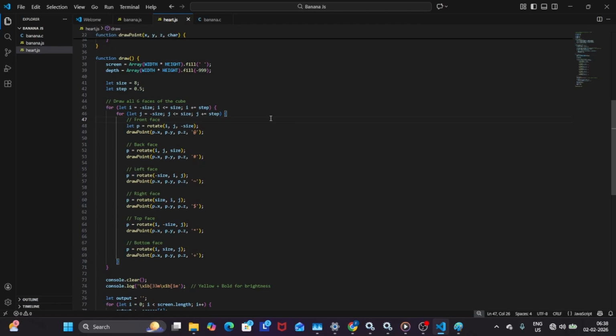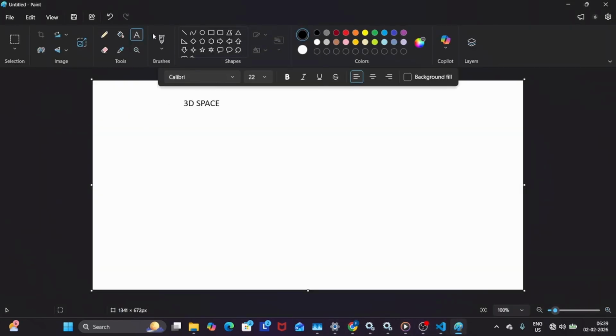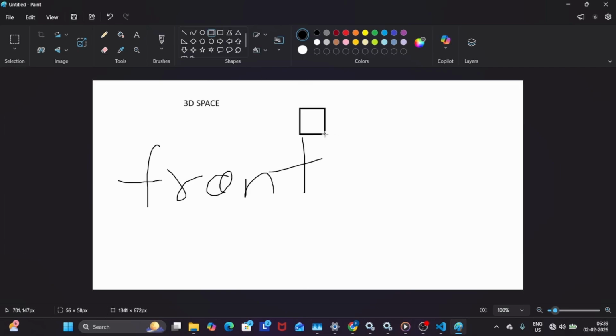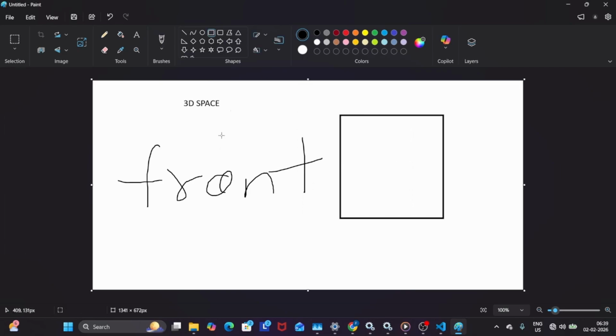So for example, if you are showing the front face of a cube, the z-axis would be fixed, and x and y would be moving.